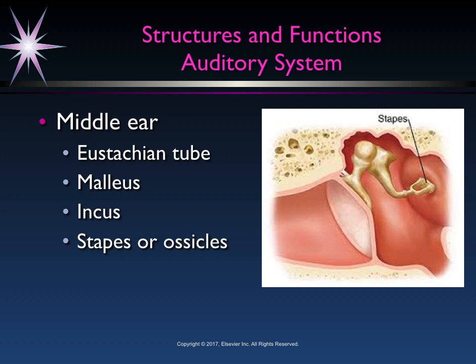Vibrations of the tympanic membrane cause the ossicles, which are the bones in the ear, to move and transmit sound waves to the oval window. The mastoid is the posterior part of the temporal bone, and the facial nerve, which is the cranial nerve 7, traverses above the oval window of the middle ear.